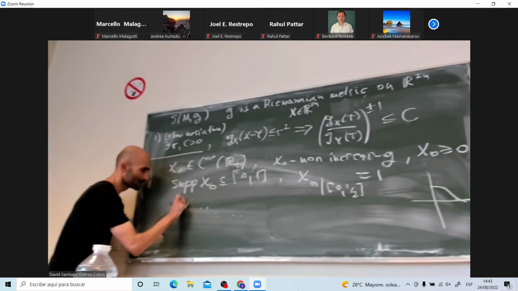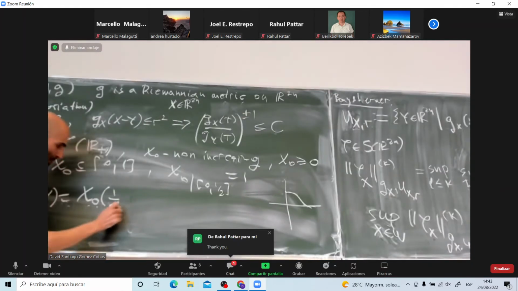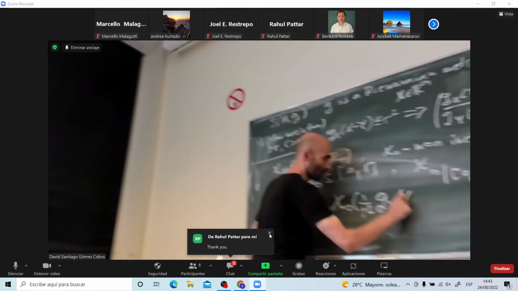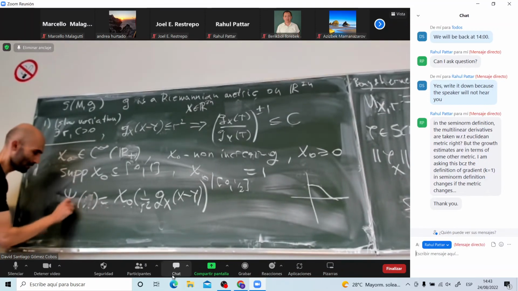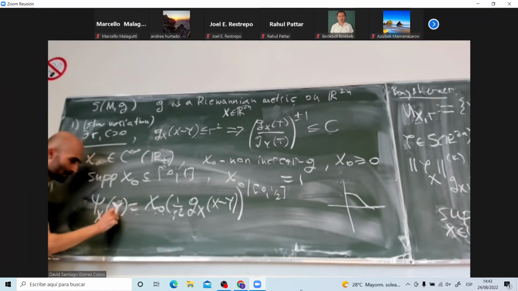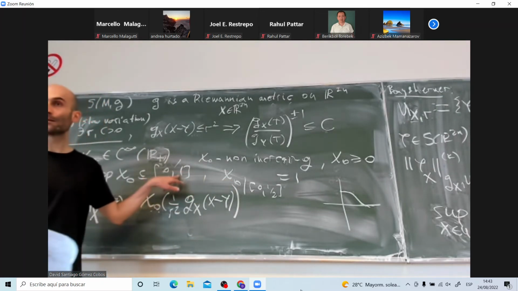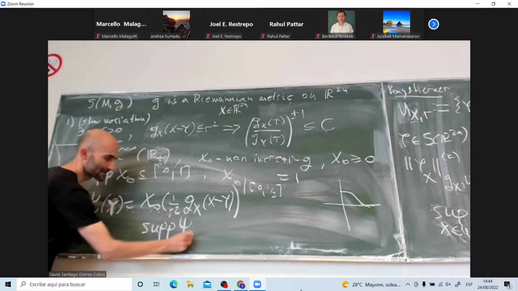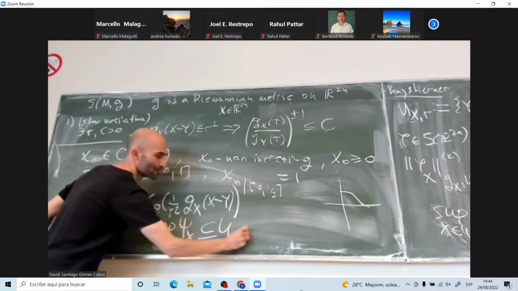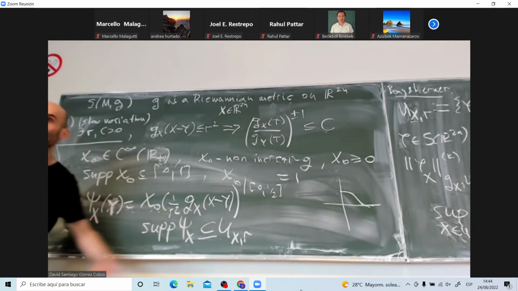So I define my psi of x like this. And now, because this has support in [0, 1], this automatically means that the support of psi x is here. So the whole support is here.